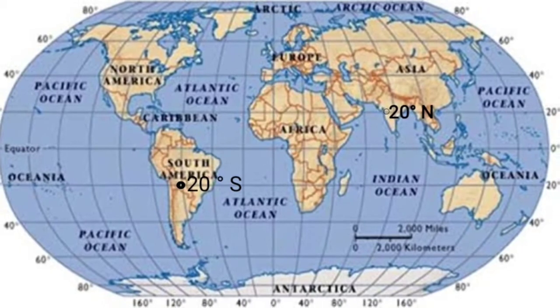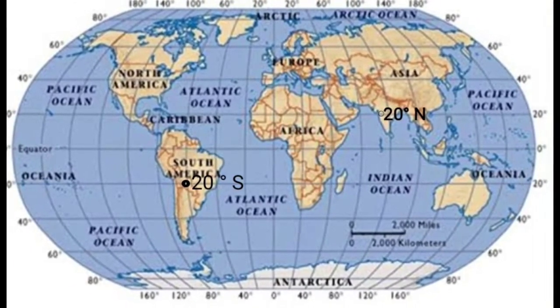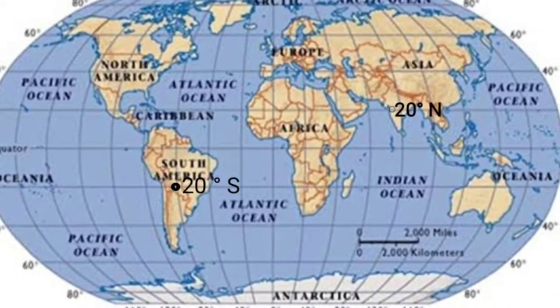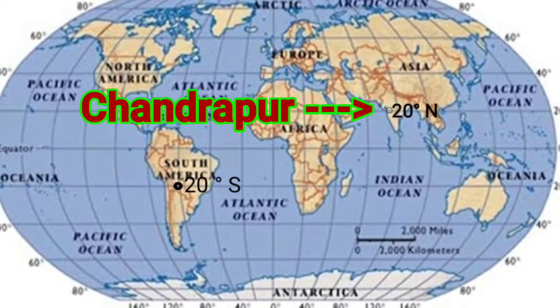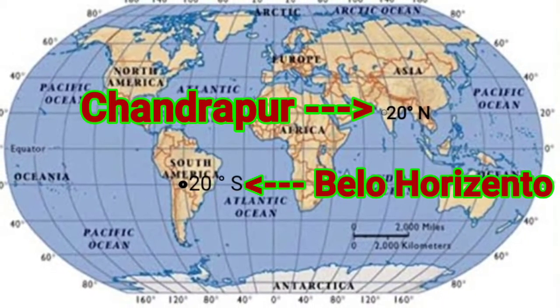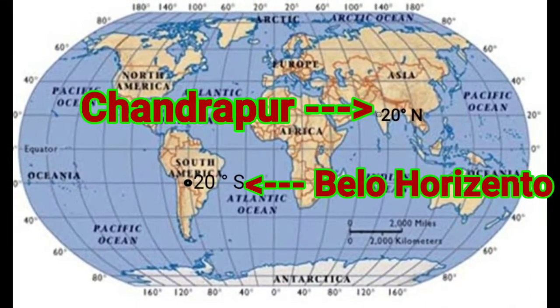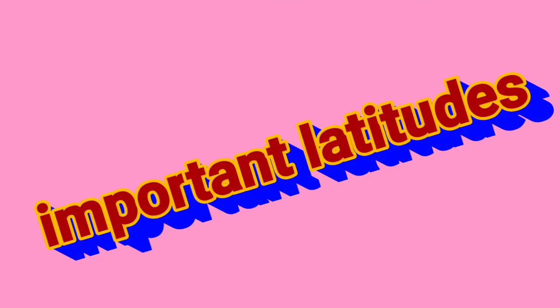But the former is 20 degrees north of the equator and the latter is 20 degrees south of the equator. We can easily say that Chandrapur is situated at 20 degree north latitude and Belo Horizonte is situated at 20 degree south latitude.